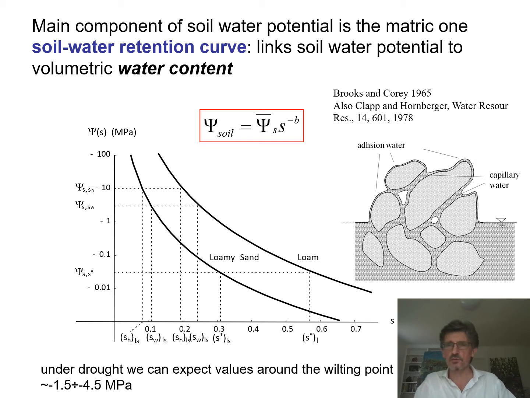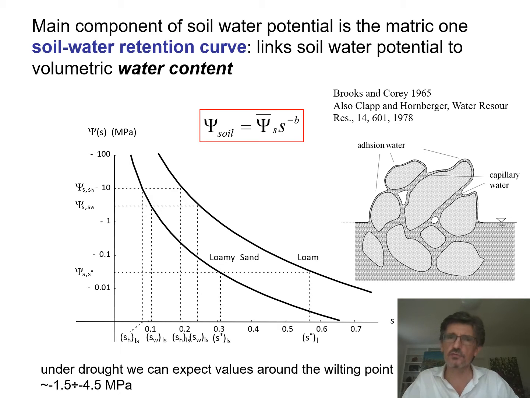This is somewhat similar to what happened in the atmosphere with the water vapor. As the atmosphere became drier, the water potential became lower and lower. The typical way in which this happens in soil is through a very nonlinear function of the type like here, a power law, where we have a constant that depends on the type of soil, and then a negative power, minus b, which would be a very large number.